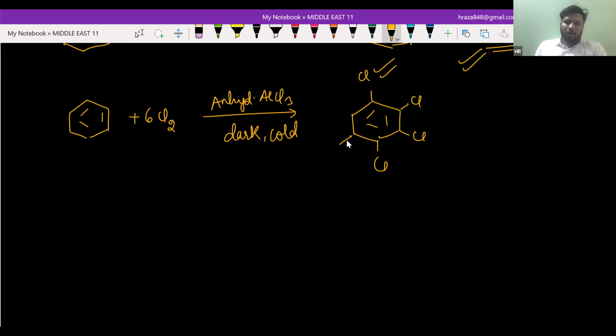You can see a total of 12 chlorine we have given. 6 are left, and 6 hydrogen will be substituted by chlorine, and 6 HCl will be formed along with hexachlorobenzene.